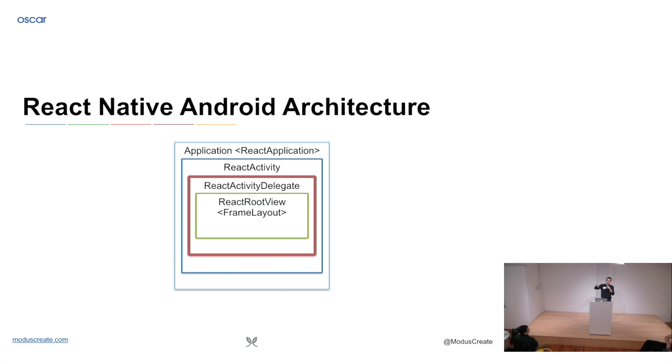Inside of the ReactActivity is a ReactActivityDelegate, which is responsible for all the React Native bootstrapping, and that creates a ReactRootView, which is a simple frame layout, but it knows to point to the bundle and so on and so forth. So it's similar to the RCT root view for iOS. They follow a similar architecture pattern, and you'll see the same thing for Windows or any other platforms that you choose to go to.